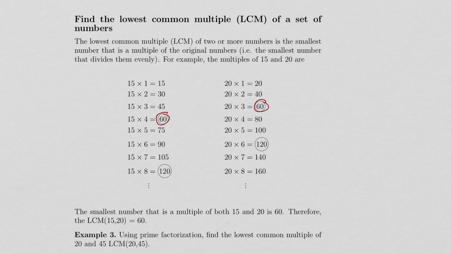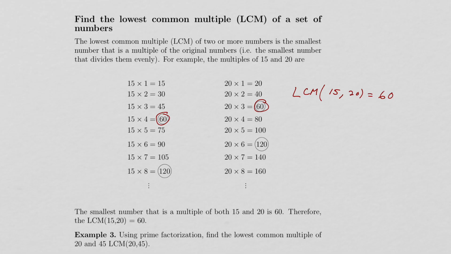So you could say that the lowest common multiple of 15 and 20 is equal to 60. Okay, it's the smallest number that divides both of them evenly.